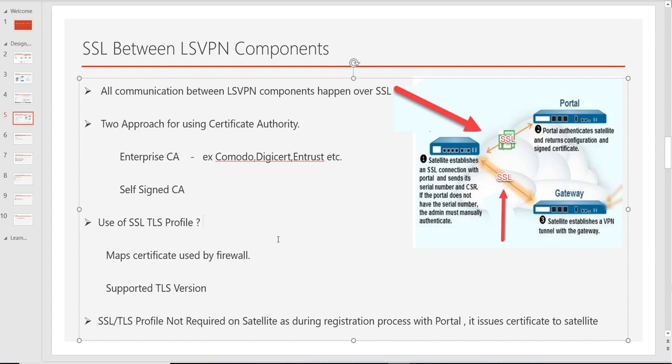So what is an SSL/TLS profile? It maps the server certificate of the firewall so that whenever any client reaches the gateway for authentication, the gateway-side firewall uses the certificate which is mapped to that particular profile.